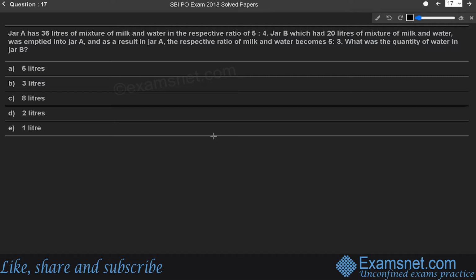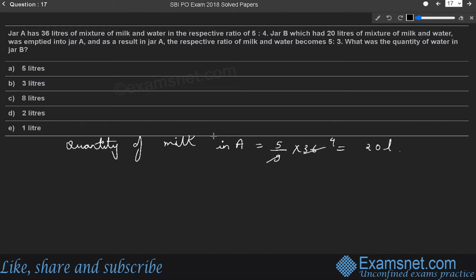We know that jar A has 36 liters of milk and water in respective ratio of 5:4. So we can say that the quantity of milk in jar A will be equal to 5/9 into 36. So this will be equal to 5 into 4, which is 20 liters.